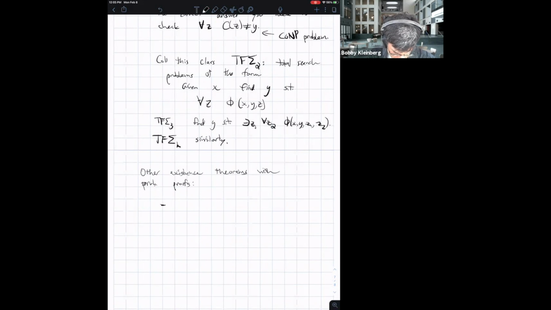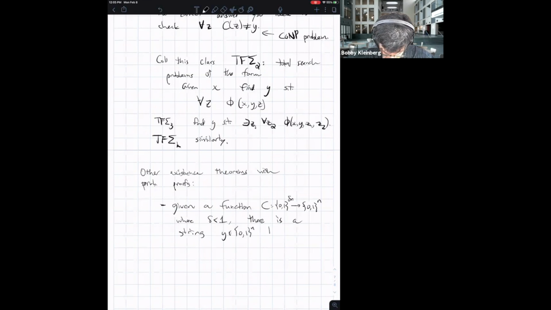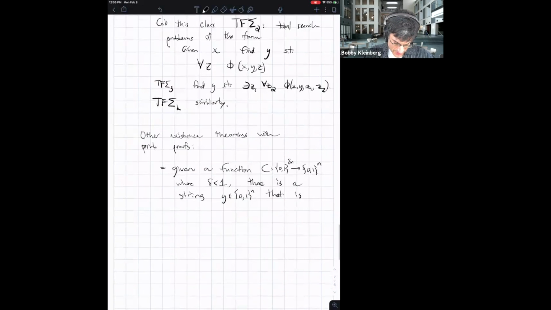We have, for example, given a function C mapping delta n bits to n bits, there is a string y in 0, 1 to the n that is far from the range of C in Hamming distance.